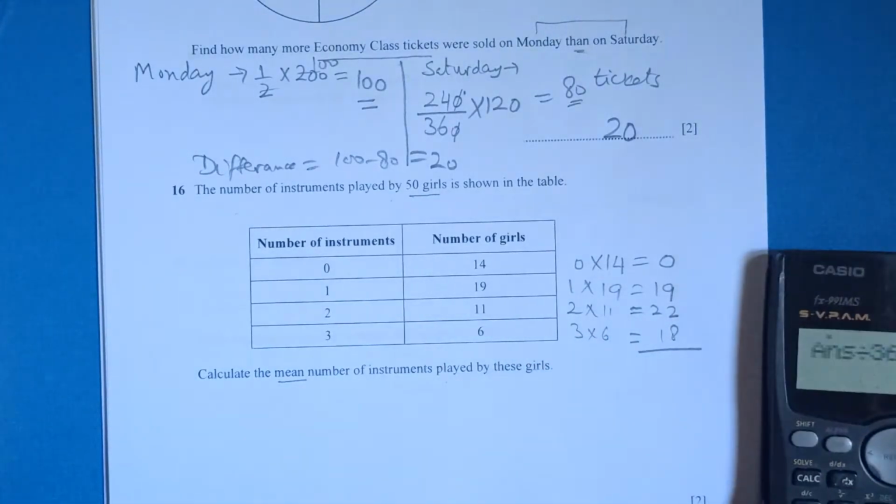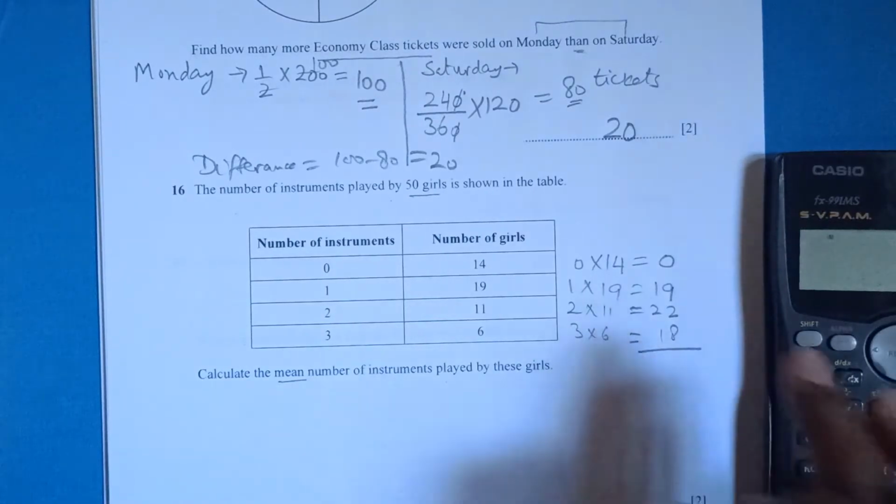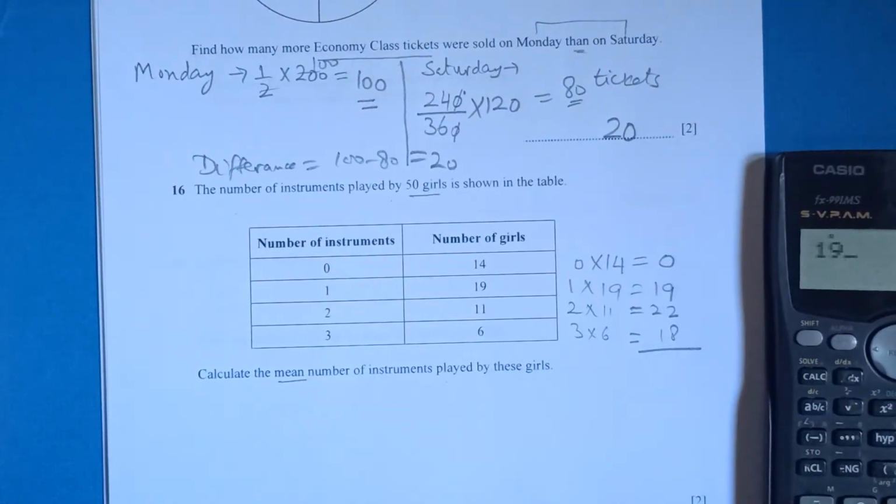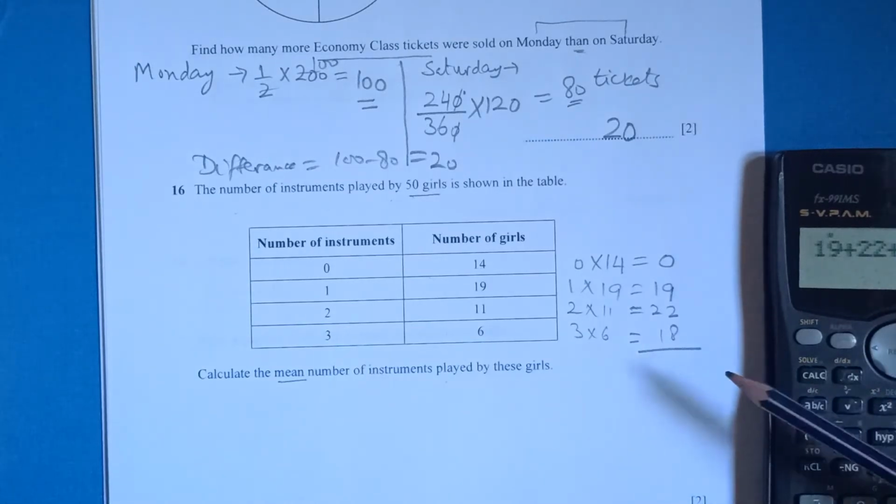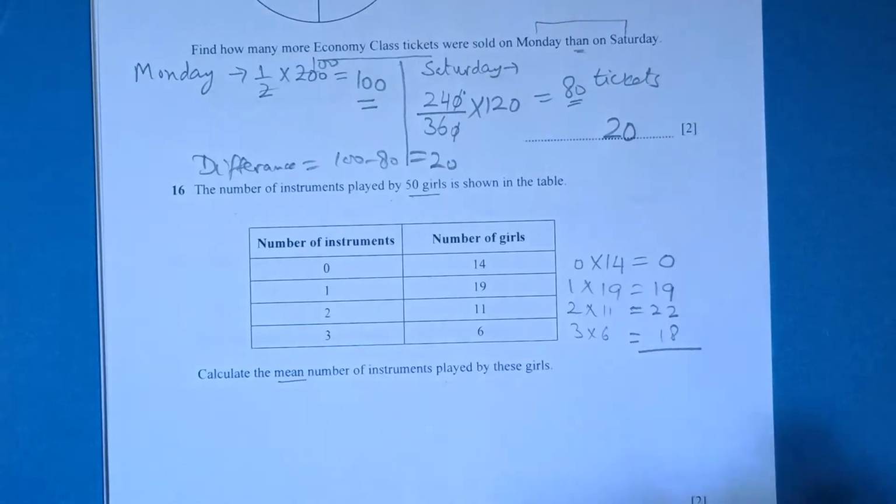So let's add them together. 19 plus 22 plus 18, that is 59.